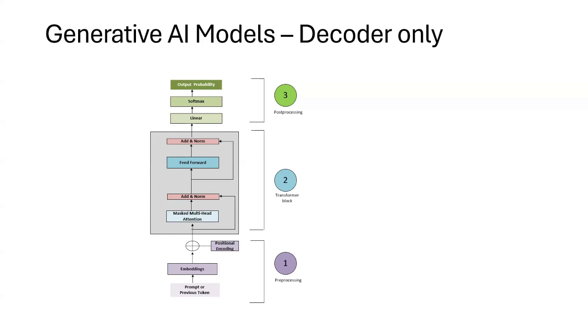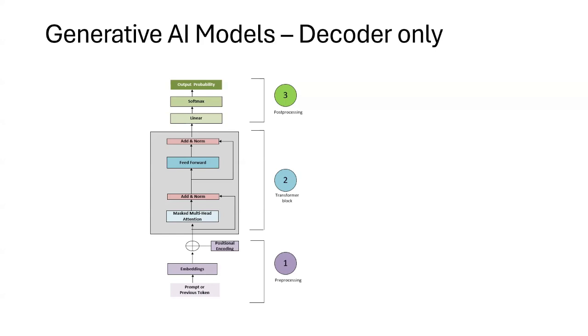In the transformer block, what happens here? One masked multi-head attention is applied, and what it does is add attention to the words. So till now, we have converted words into numbers, added position to them, and then in this masked multi-head attention phase, we add attention.